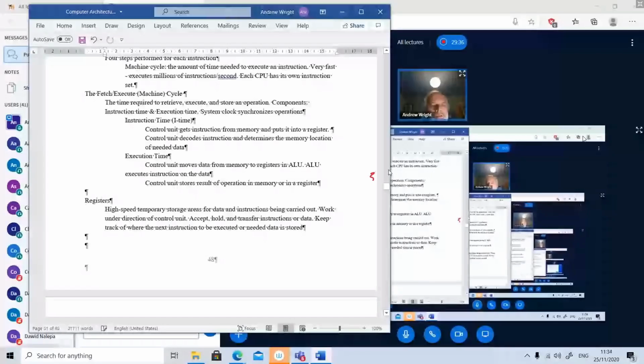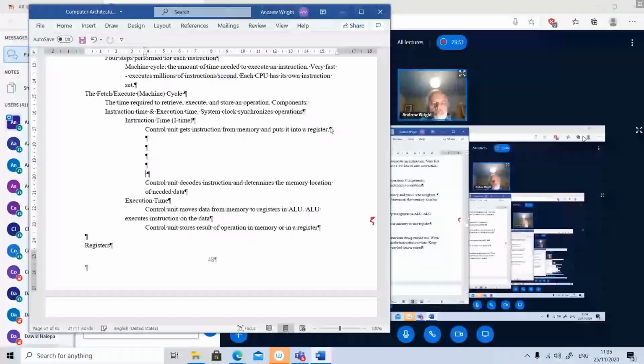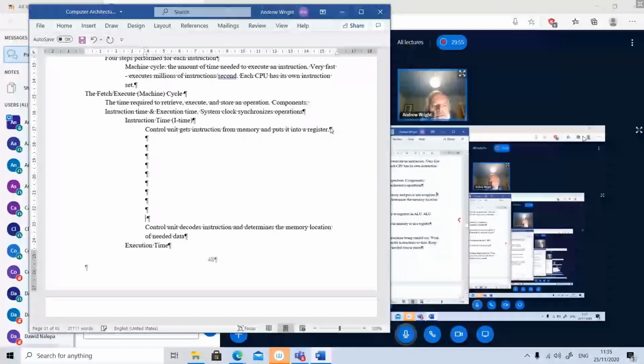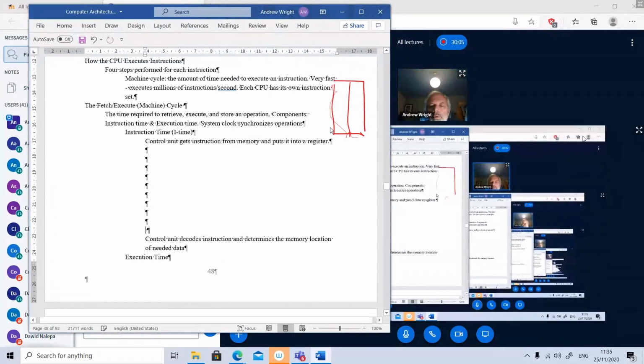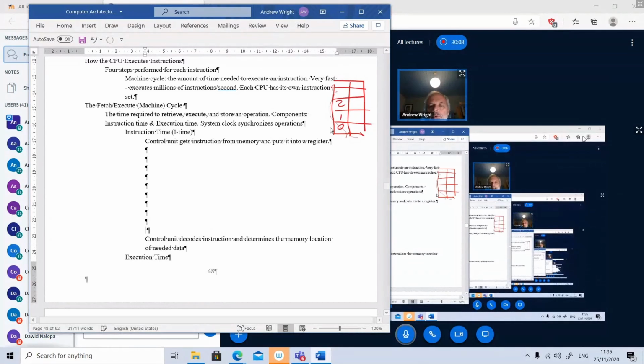So the fetch execute cycle. The first bit was probably the most confusing bit, which is when it gets the instruction from memory. This is the first stage. The instruction is at a certain address, so address 0, 1, 2, 3, 4.